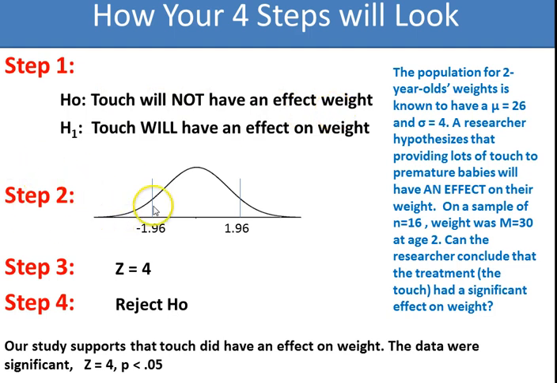Step 2, you would set your critical region, because this would be a z-test at an alpha level of 0.05.